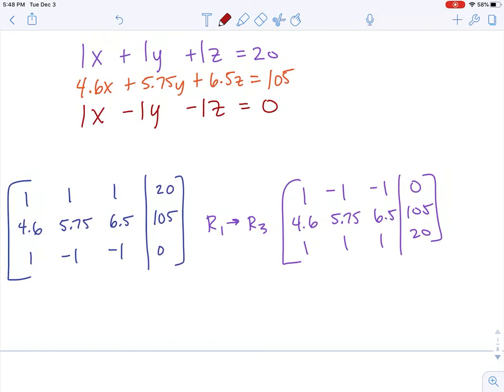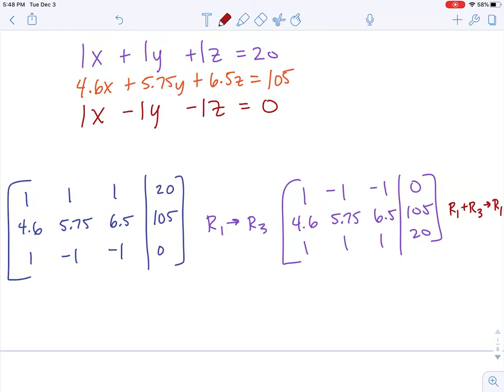So that's one of the steps that we'll do next. We'll say row 1 plus row 3 is going to be our new row 1. At the same time you're working on that, you can also start to work on making this value right here 0 also.